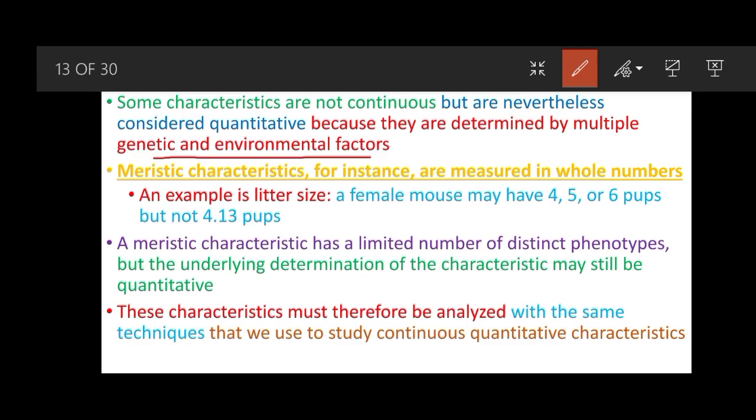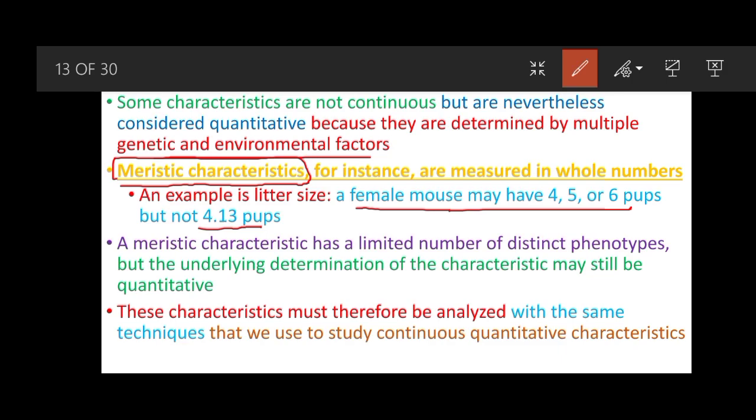For example, meristic characteristics are measured in whole numbers, and an example is the litter size in mouse. A female mouse may have 4, 5, or 6 pups, but we cannot say that it will have 4.13 or 4.5 pups.